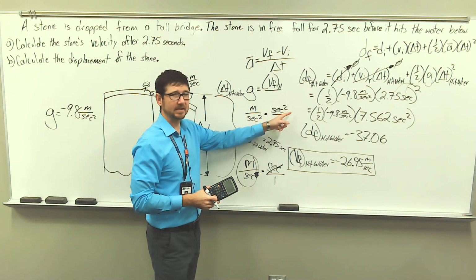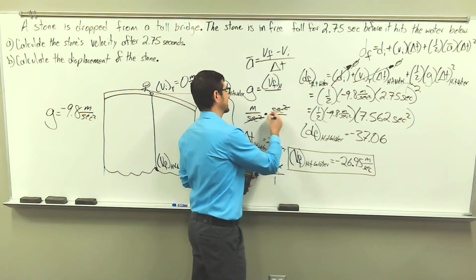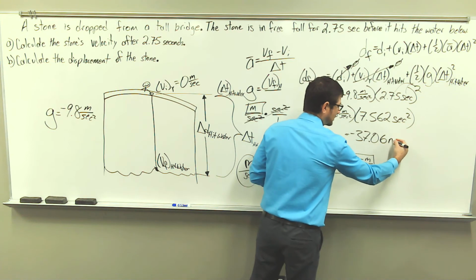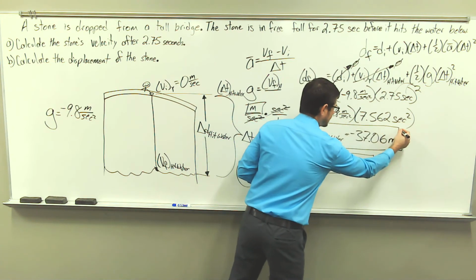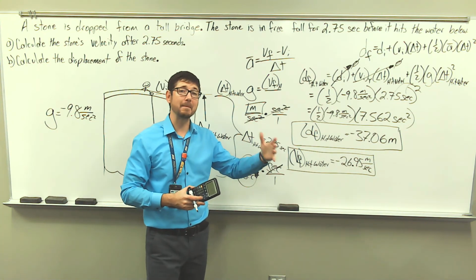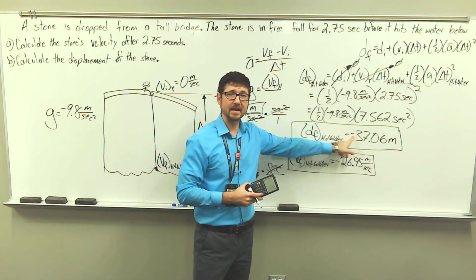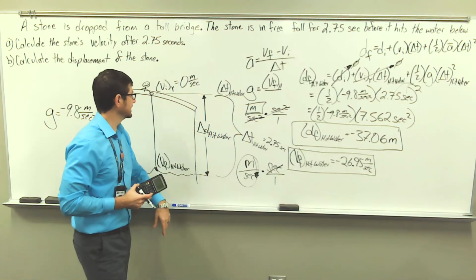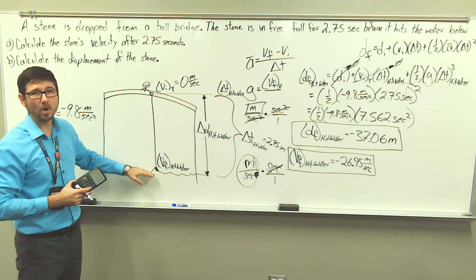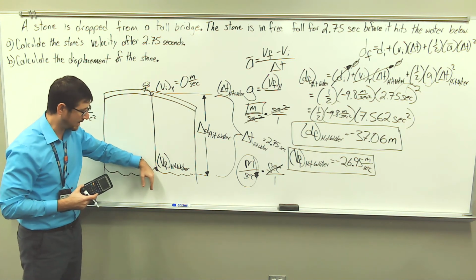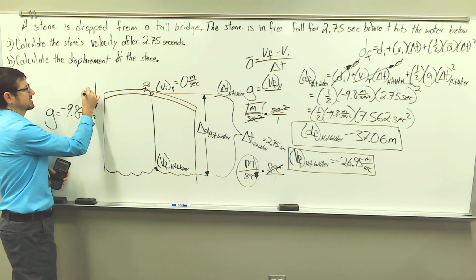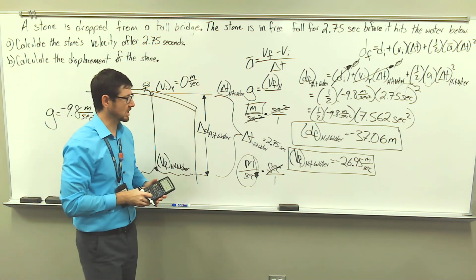You can see here that our seconds squared are going to cancel, leaving us with units of meters. So my answer is negative 37.06 meters. And remember that displacement is a vector, so we're required to show both magnitude and direction. And what this negative sign is telling us is this object, this stone, displaces in a negative y direction. So it falls down, and according to our coordinate system, we have down as being the negative direction, okay?